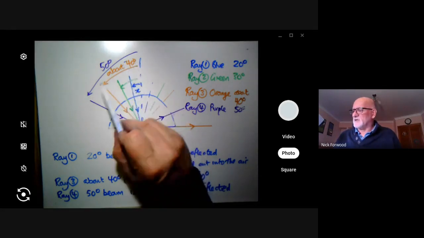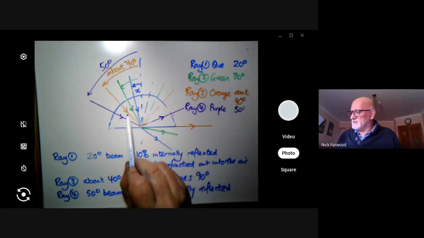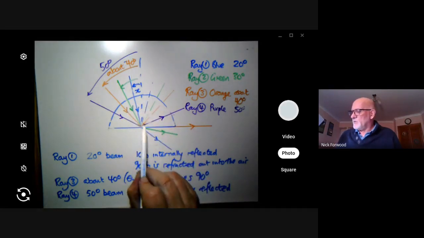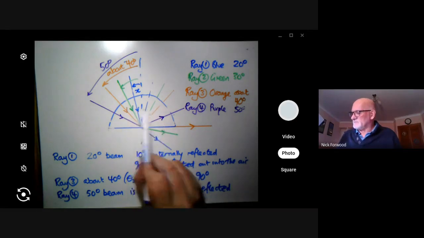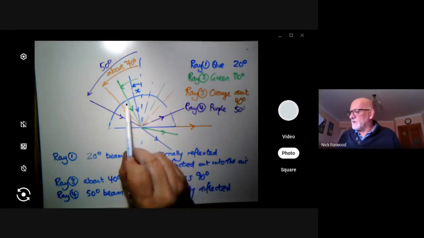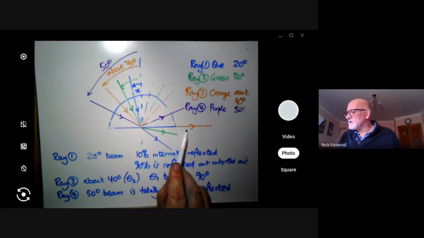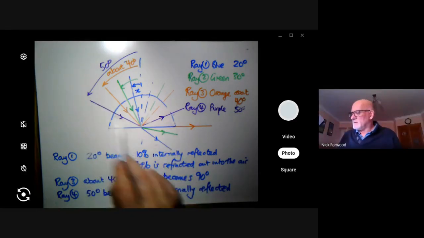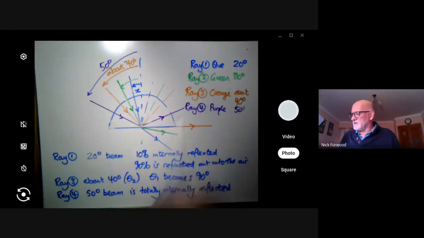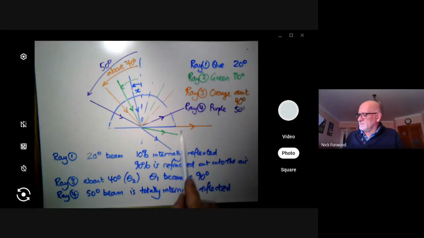And the critical angle inside the glass matches up with a 90 degree angle, go around there, 40 to the orange, all the way round to this one, 90. After that, as that angle gets bigger, it's all totally internally reflected. This angle, which is about 40 degrees, is called the critical angle. It's the changeover angle from coming out there to staying in there.